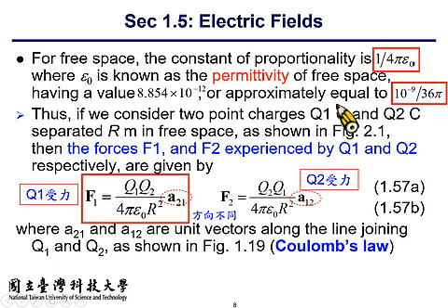And as the equation suggests, you see the two forces are of the same magnitude. However, their directions are opposite. A21 happens to be the opposite direction of A12. So this is the force experienced by Q2, while this is the force experienced by Q1.